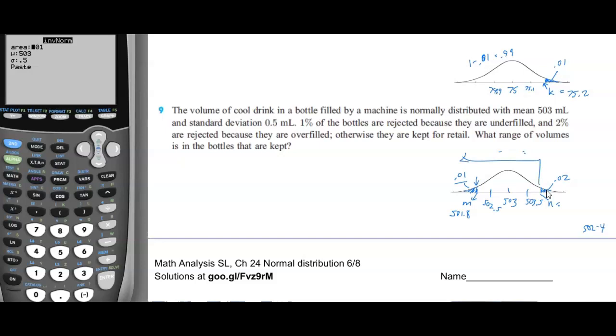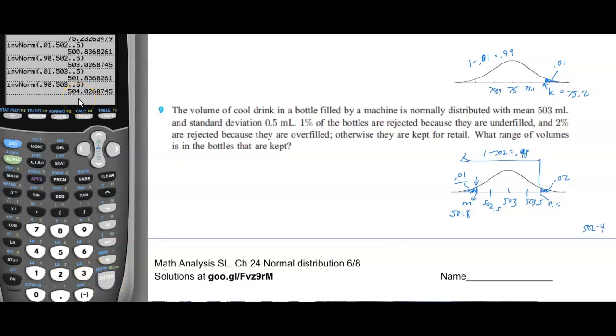And so if the right side region is 0.02, the left side region would be 1 minus 0.02, which would be 0.98. So if we put 0.98 in the calculator, the old calculator is capable of finding the right K value. And so the mean is 503 and the sigma is 0.5. And the answer is 504.0. So the N value is 504 in that case.